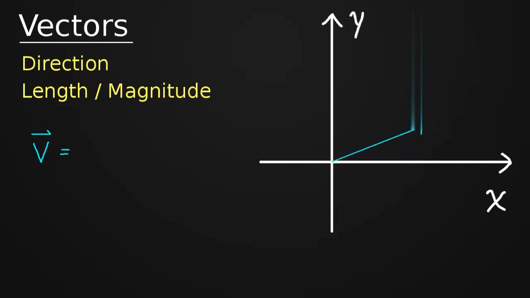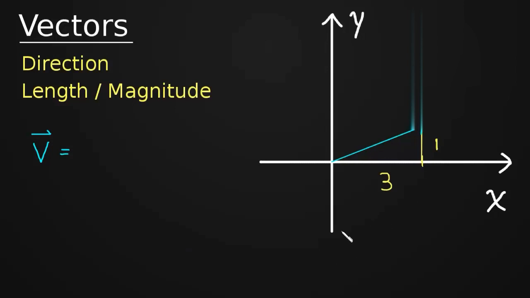Well, this vector moves over a certain amount in the x direction. Let's say, for example, it moves over 3 in the x direction. It also moves a certain amount up in the y direction. Let's say, for example, it moves up 1.